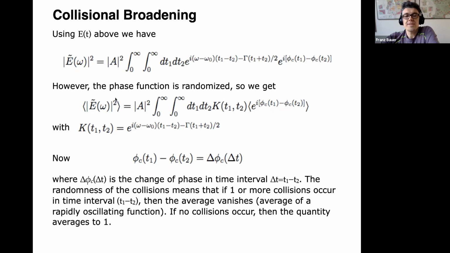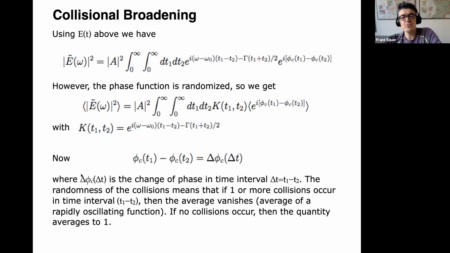So we can separate out this component and take the average of it. This is a delta phase change, the change of phase in some time interval, and then the randomness of a collision happening or not.